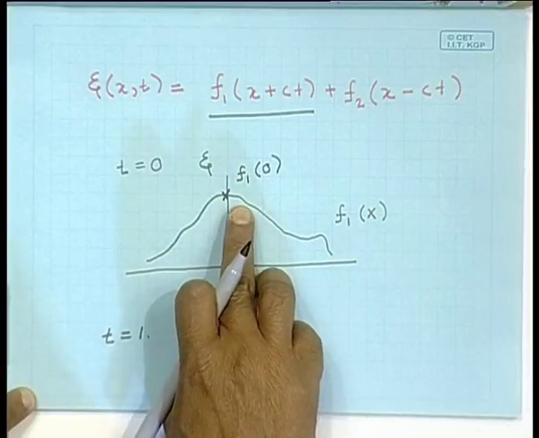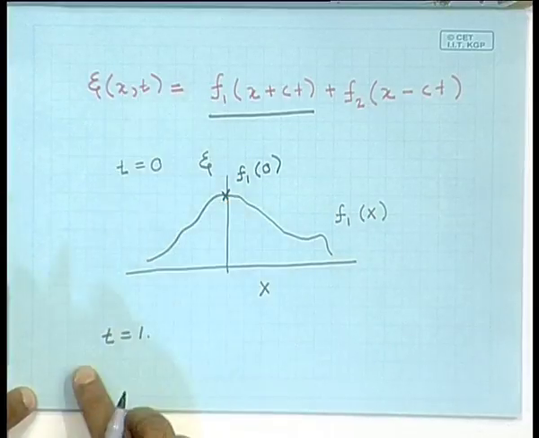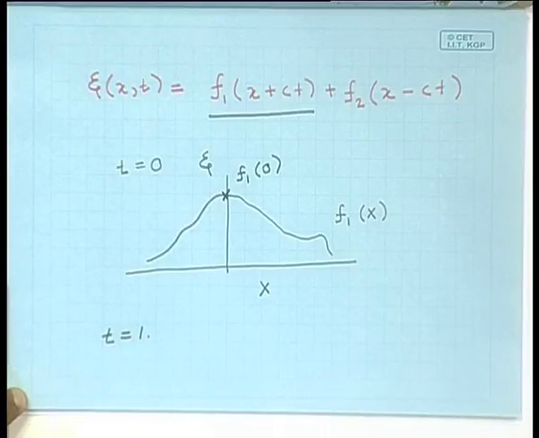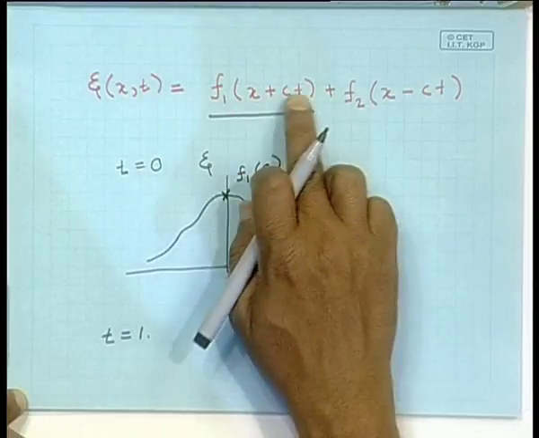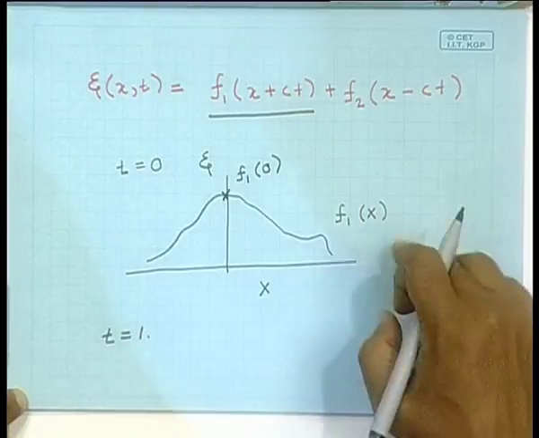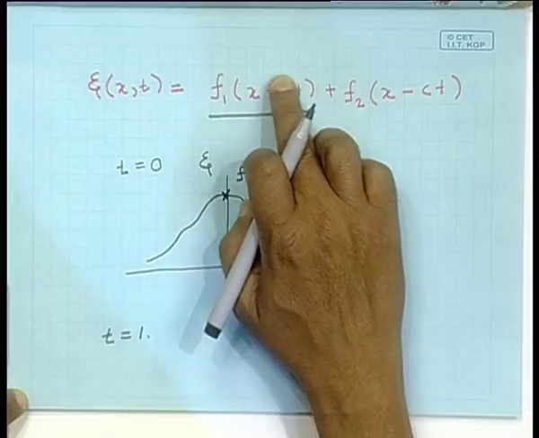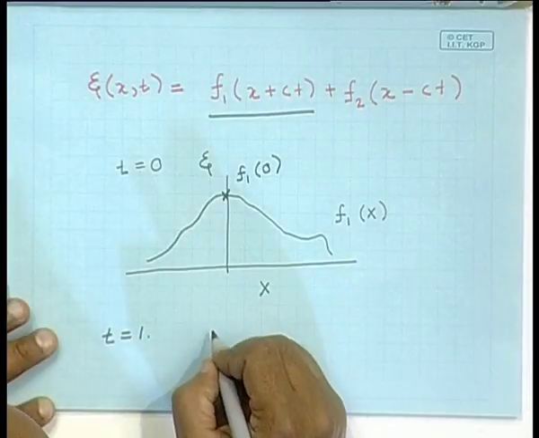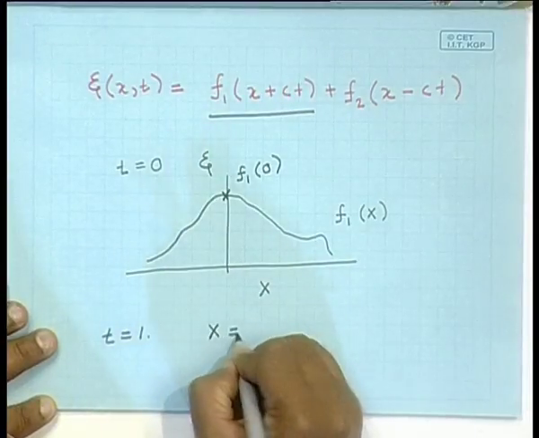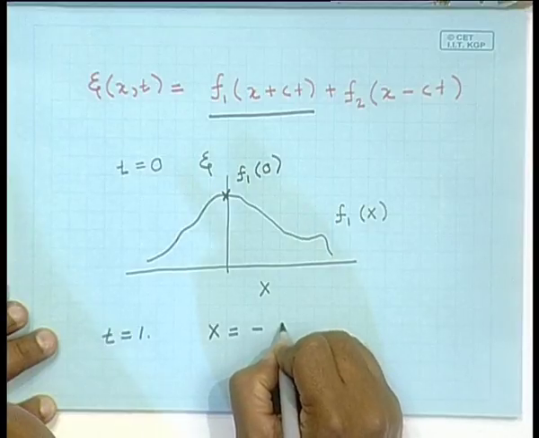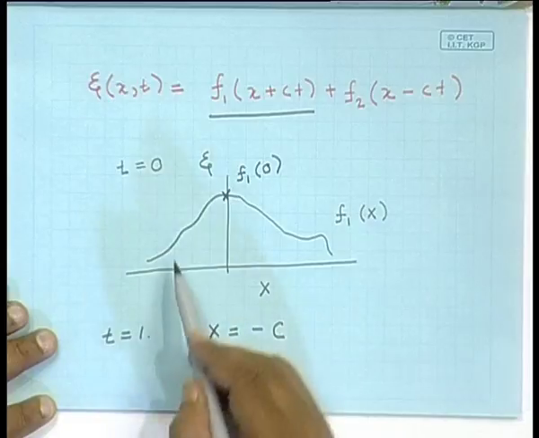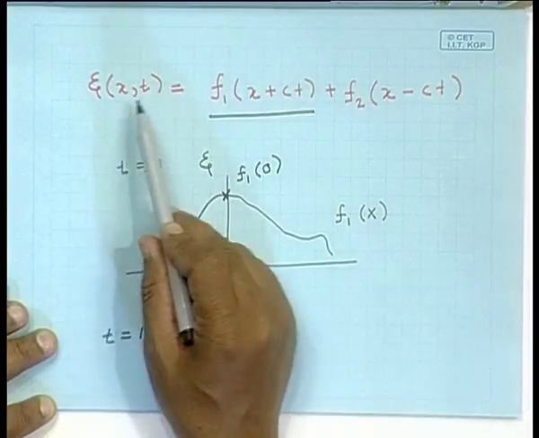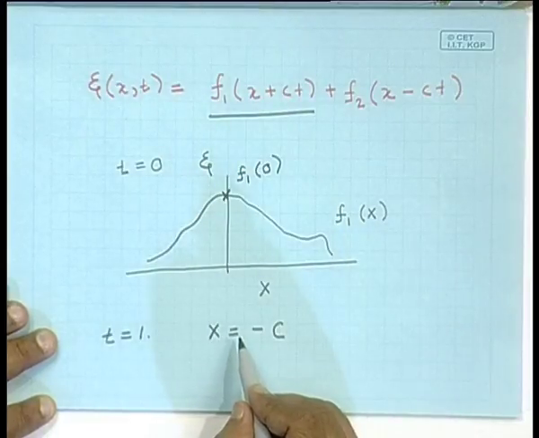Where will xi have the same value at the time t equal to 1? So, at t equal to 1, we have to make the argument of this function 0. What you see is that the argument of the function becomes 0 at the point x is equal to minus c at the time t equal to 1.